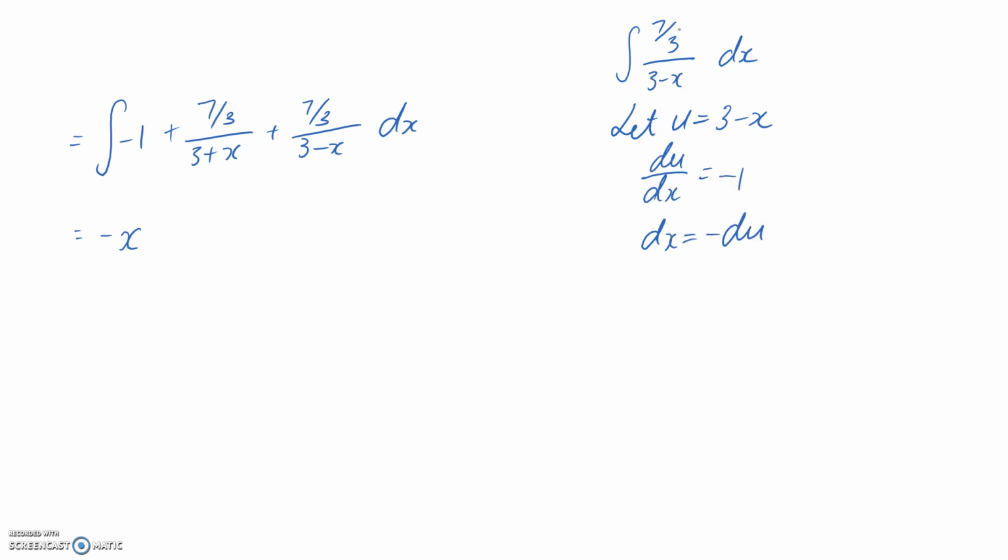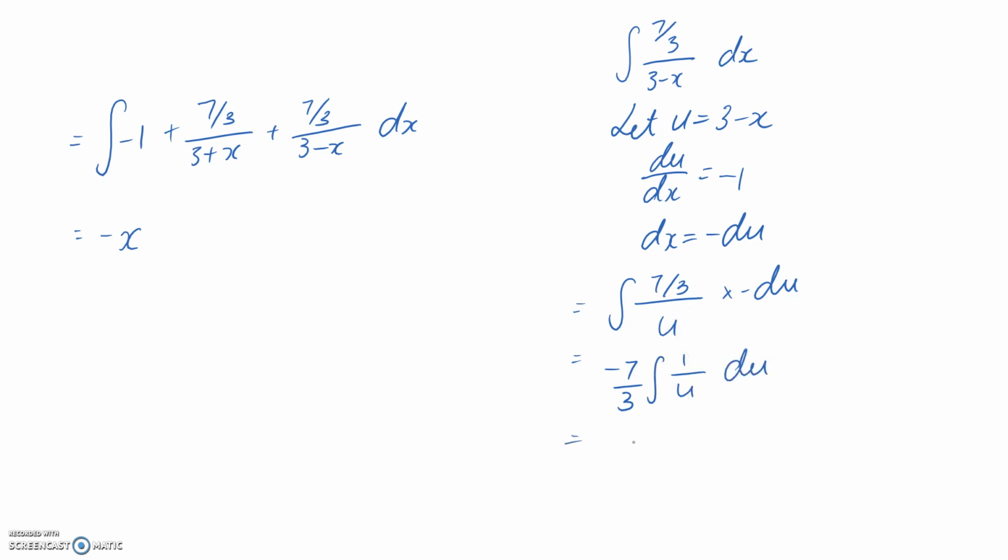So I'm going to sub all this back up into my integral. So we said that 3 minus x was equal to our inner function u, and dx is equal to negative du. So if I wanted to, I could write this a bit neater as the constant part is going to be the 7 on 3 times negative 1. So I'll leave that out the front. And we've got u on the bottom line inside our integral.